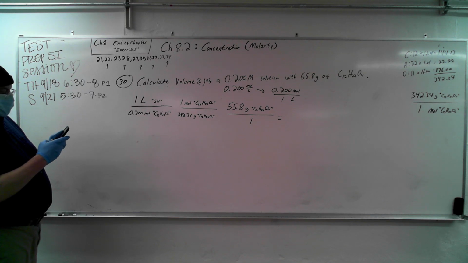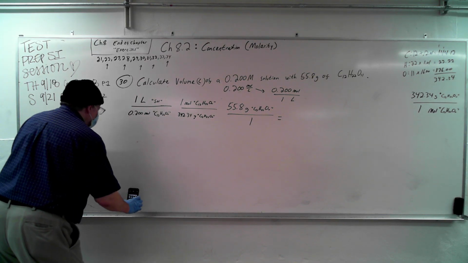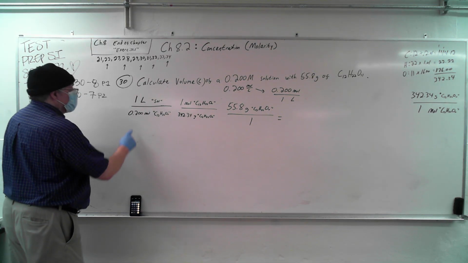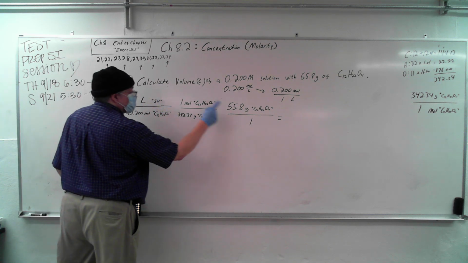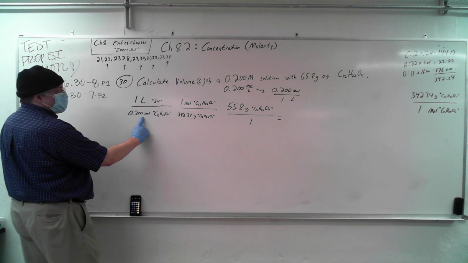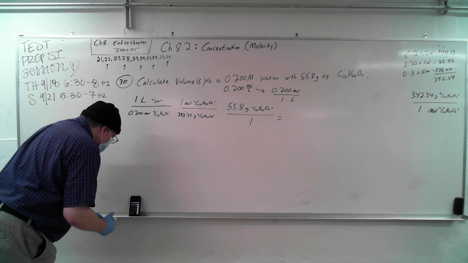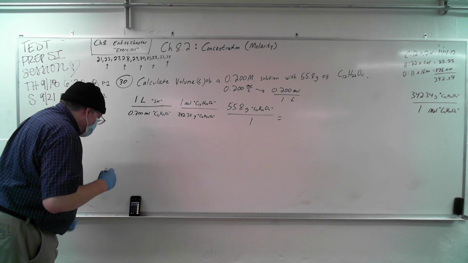55.8 divided by 0.2 divided by 342.34. Exact, 3 significant figures, that's 3 significant figures. So I'm going to keep 0.815.